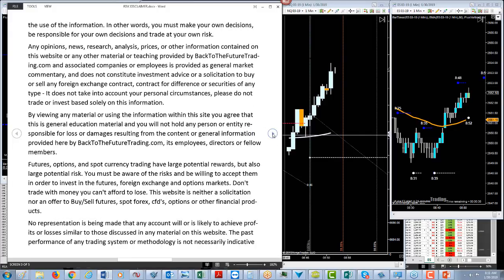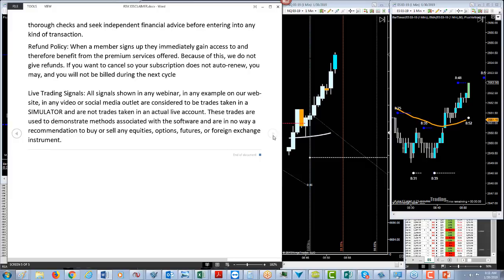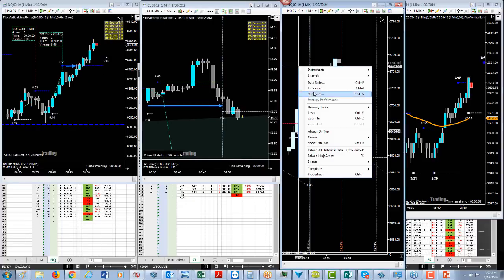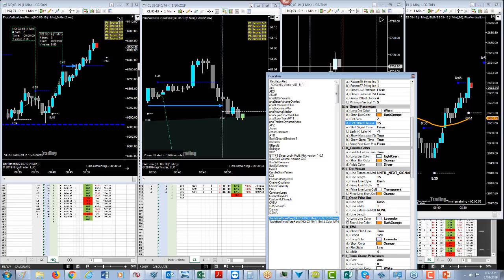Hold on. So on the 15 swing strength chart, I believe it's a 15 dot offset. So 15, 15.